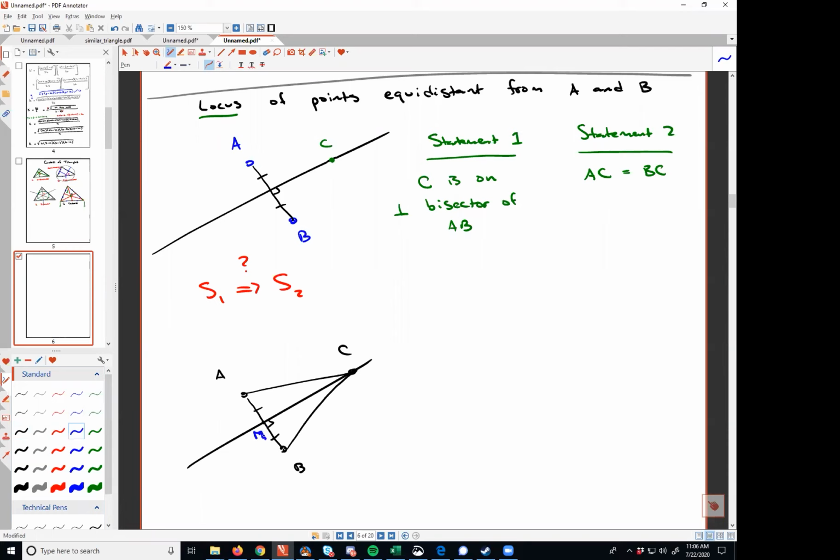Yes, and I'm going to label that midpoint M. We have an isosceles triangle. Well, no. We don't know that yet, actually. We want to prove that AC equals BC. That's not what we're taking for granted. We're saying that statement 1 is true, and we're trying to prove statement 2.